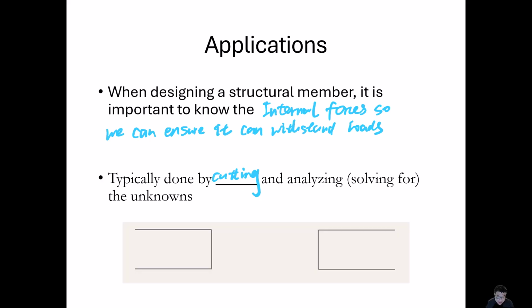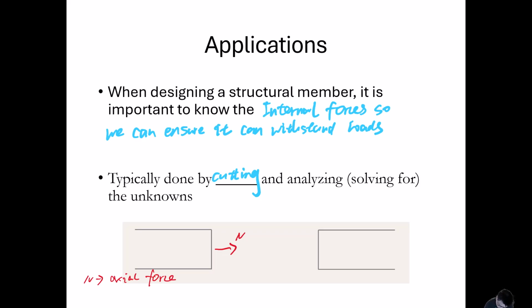So here is a beam. Let's assume this is a beam. After the cut, the beam first has force N. We call this axial force, which is the tension or compression of this frame.